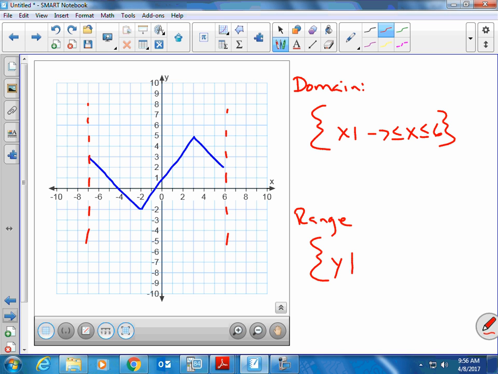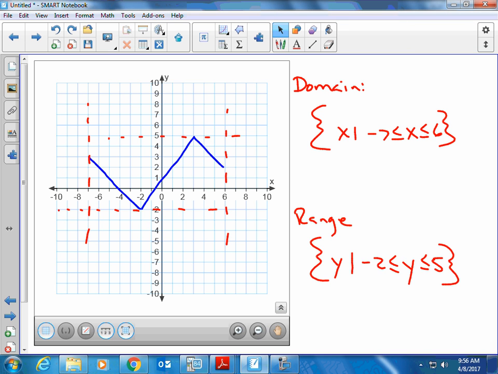Next one, y values, range, smallest y value, -2. Largest y value, 5. Domain and range. Find the smallest x value, find the largest x value, same for the y. All right, we'll stick with that. I don't think we'll get much harder than that.